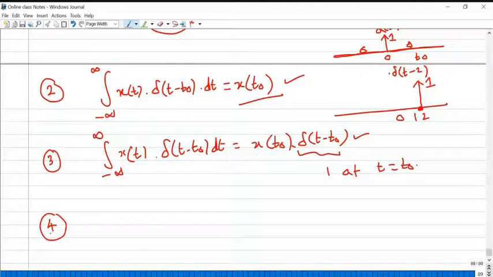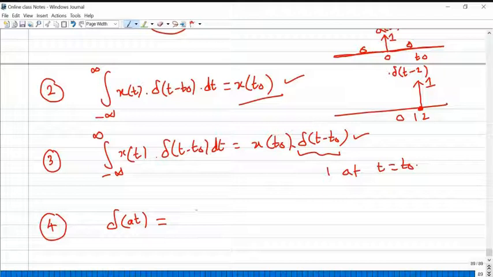Property number 4, not giving any proof for this. Just remember del of at. We studied the time scaling properties of signals, all basic signals. Given some x of t signal, we performed many operations on it, like time shifting, time reversal, time scaling, magnitude shifting, magnitude scaling, addition, subtraction, etc. Now del of at: the del function has a value at t equal to 0 exactly, and in the remaining values of t it is 0.